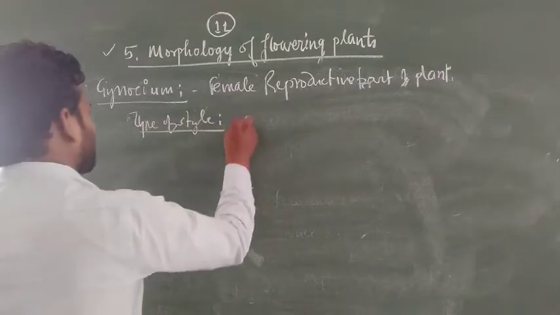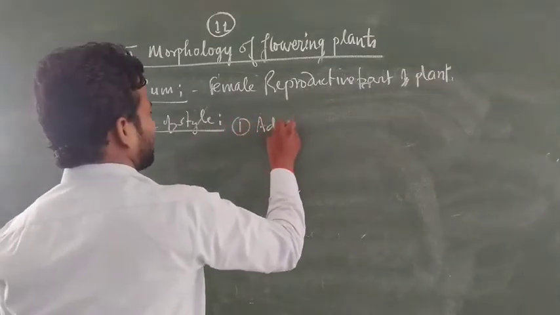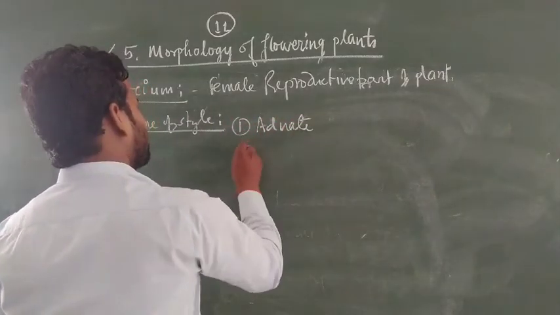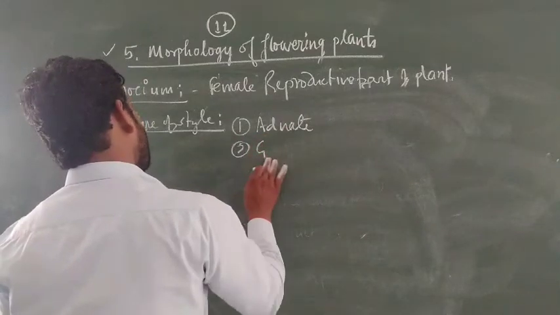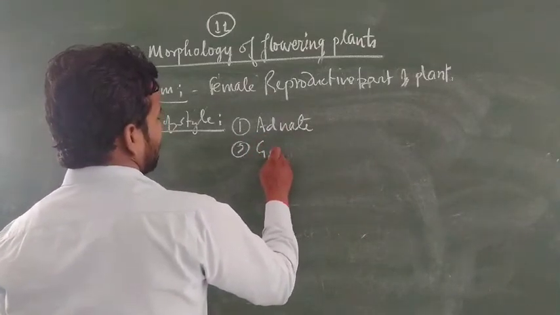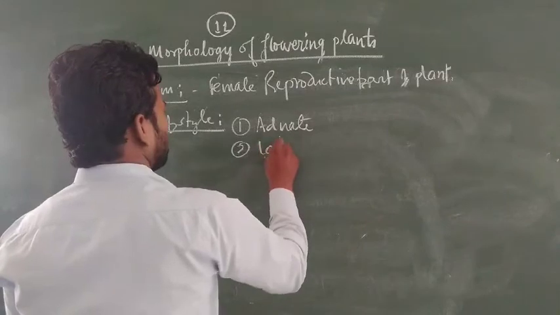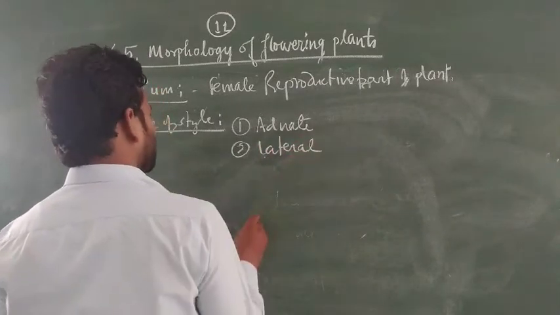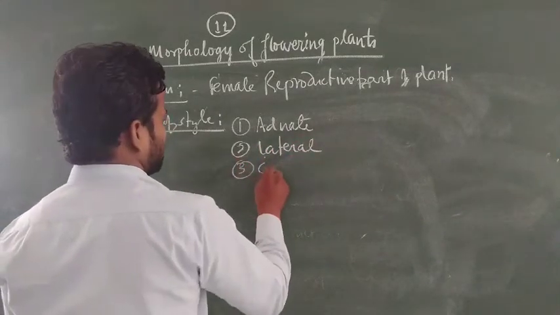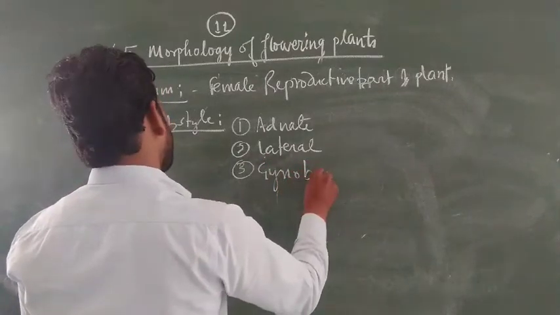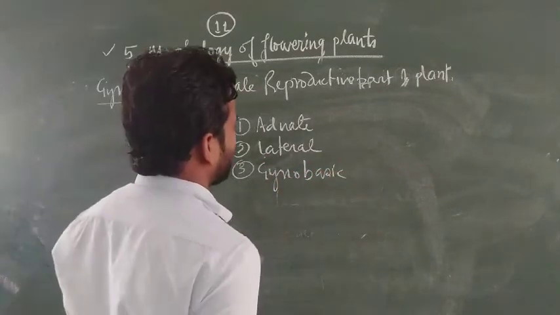Types of style. Style is further classified into adnate style, lateral style, and third, gynobasic style. Gynobasic style is a characteristic feature of family Solanaceae.